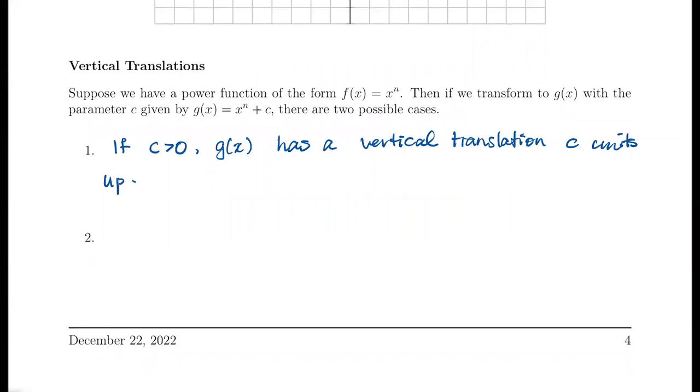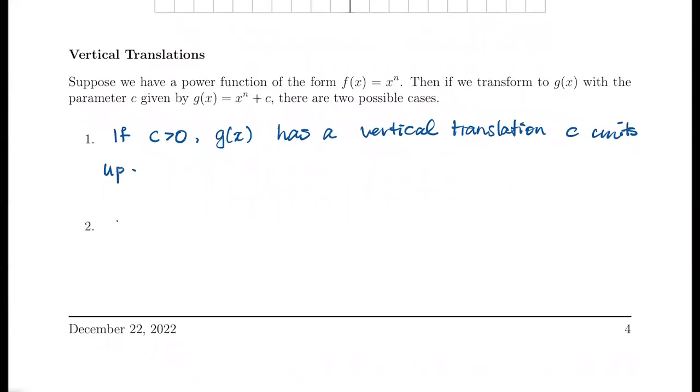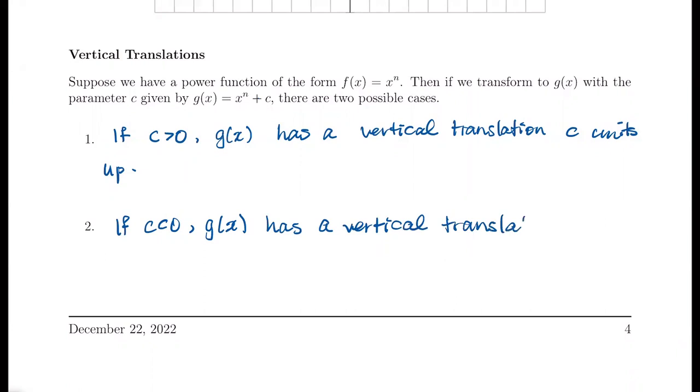Now similarly, when c is less than 0, g of x has a vertical translation c units down. So it's just either going to go up or go down. Nothing more.